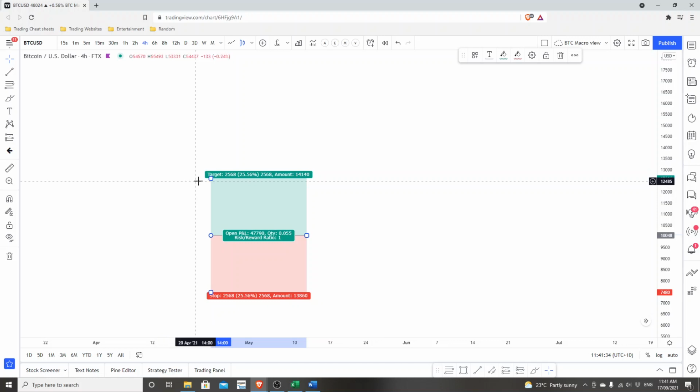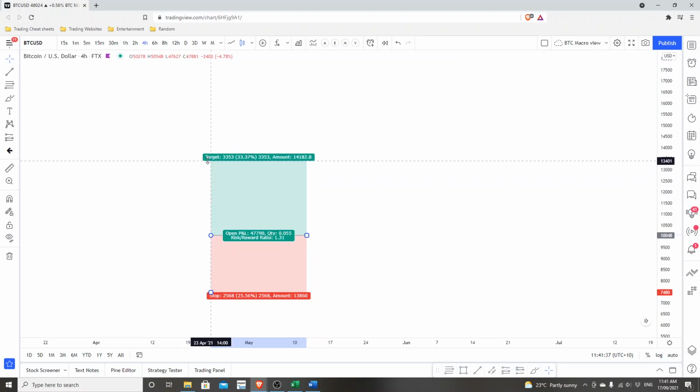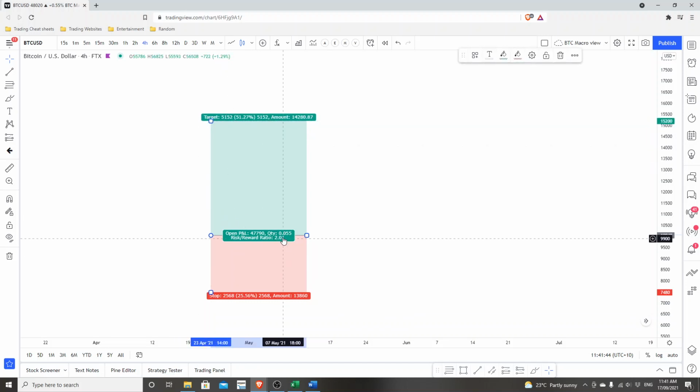I want a trade that is at least 1.5 to 2 risk reward. So I'm risking $100 on a $10,000 account to get $200. Okay. The easy way to see how much you should risk per trade is in the settings up here.